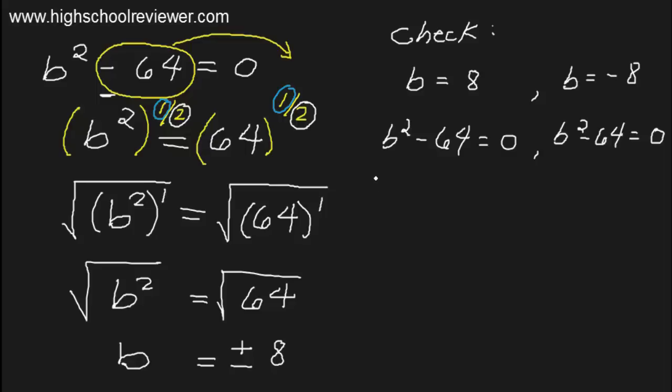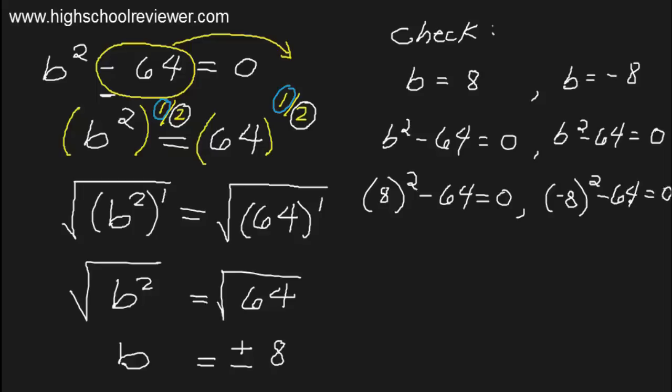So for positive 8, 8 raised to 2 minus 64 equals 0, and for negative 8, negative 8 raised to 2 minus 64 equals 0. Positive 8 raised to 2 is 64, minus 64 equals 0. So 64 minus 64 is 0, and 0 is equal to 0. So our first value is correct.